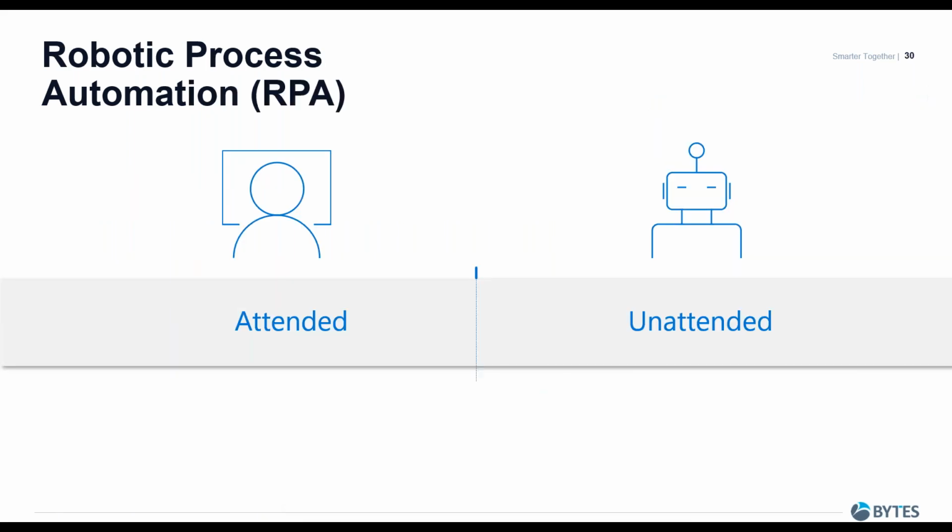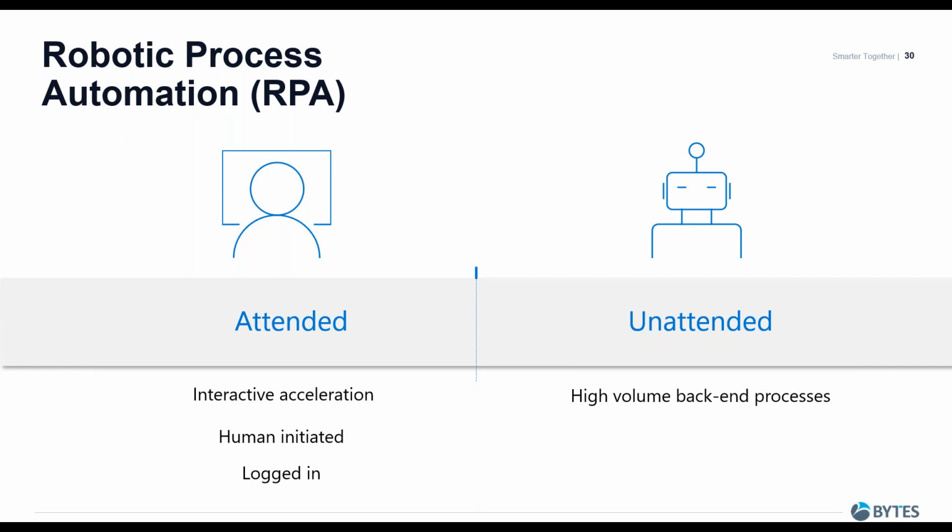Now, there are two types of robotic process automation, attended or unattended. An attended RPA is actioned by a user, so you need to be logged in for the process to start. An unattended RPA is not actioned by a user, it's actioned by something, usually a flow. So you don't have a user there, it runs automatically.